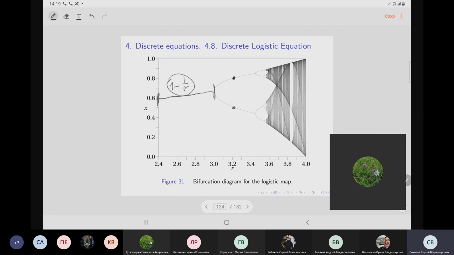Then 4-period solution and very quick period doubling interval, and then we see the chaotic motion. And when R becomes more than 4, the solutions become negative. So the system loses all the biological meaning from that moment.